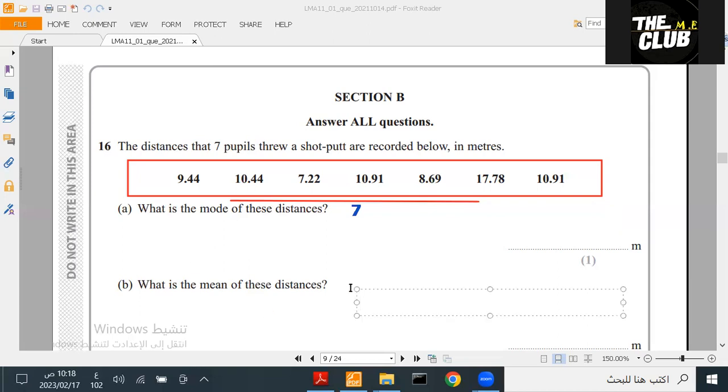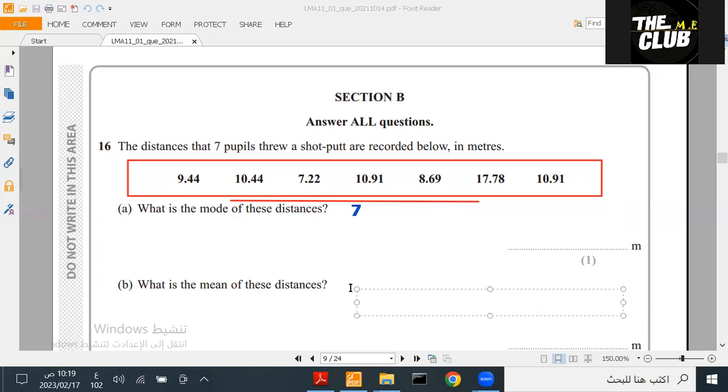So 9.44 plus 10.44 plus 7.22 plus 10.91 plus 8.69.